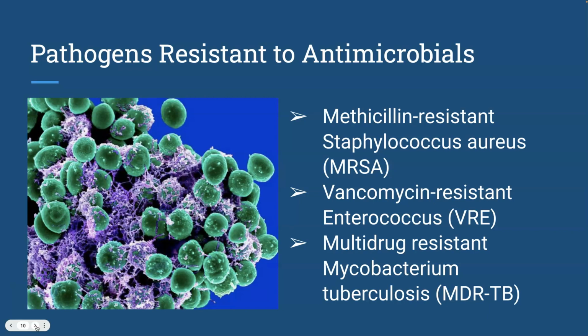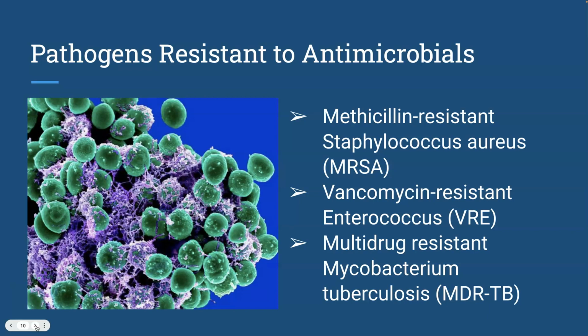Now, let's go over vancomycin-resistant Enterococcus, or VRE. Enterococcus can cause fever, chills, painful urination, and cloudy red-colored urine. In more serious cases, when left untreated, it can cause diseases in the urinary tract, heart valves, and brain.